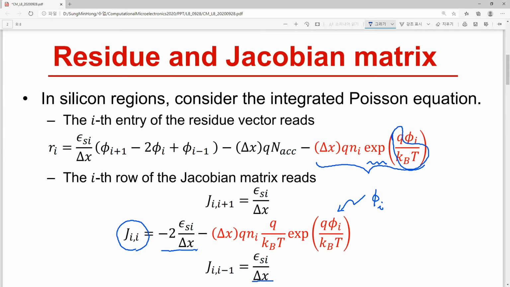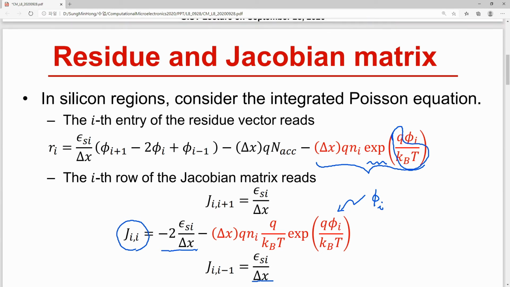So the Jacobian matrix cannot be reused, and every time we have to build it, because it has a certain term which really depends on the solution, which can change at every iteration.